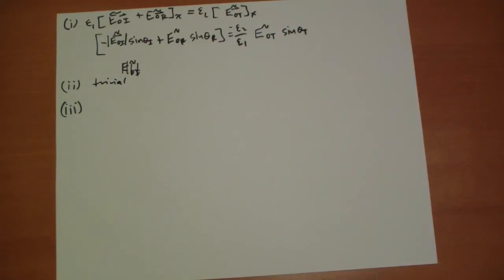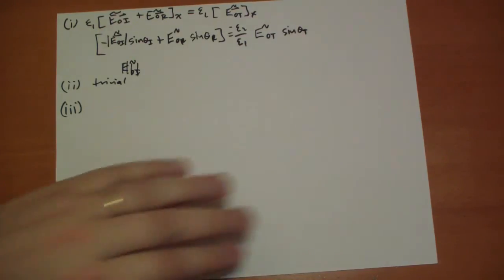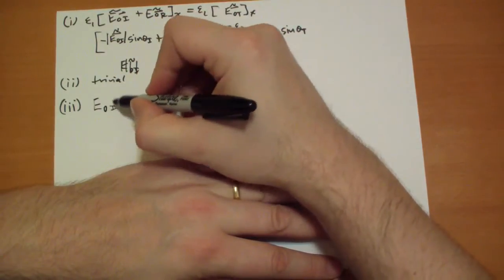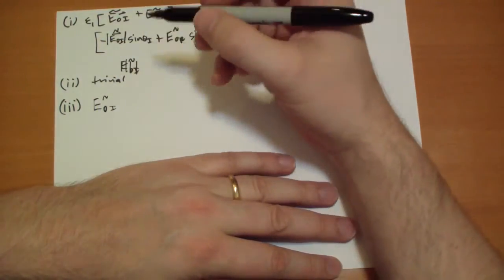Number 3 says that the Y and Z components are equal. Well, there's no Z component of the E field. But the Y components of the E field: E naught I times, what's the Y component?